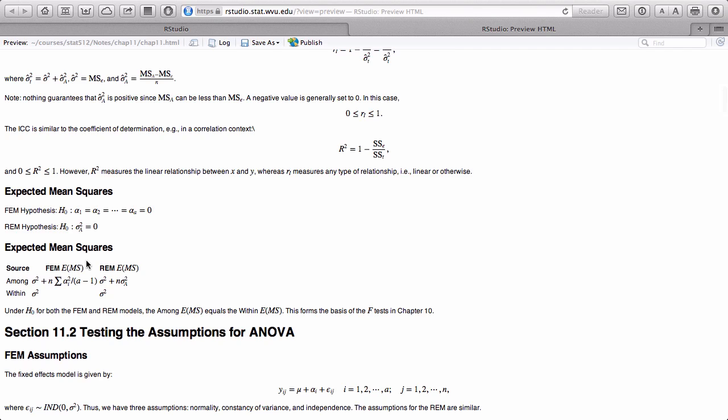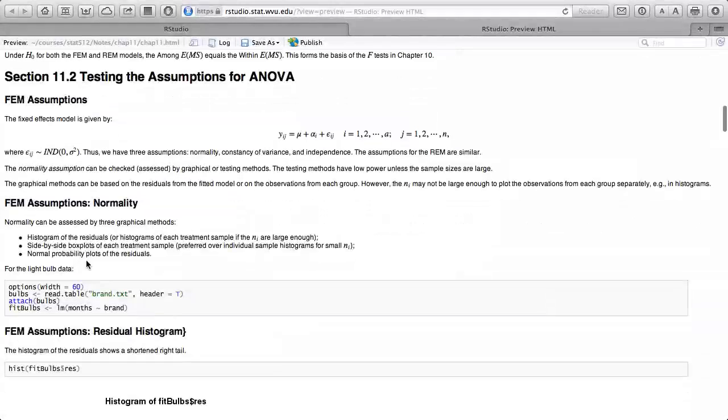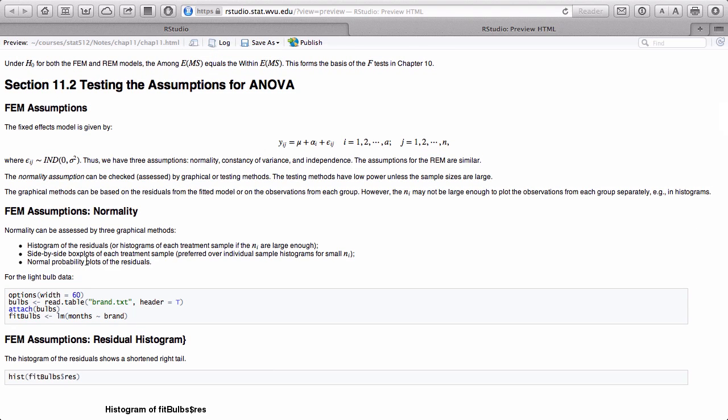And what I want you to understand, we often call the random effects models the variance components model. So a lot of times in genetics, you're trying to figure out what the variance components are, for example. One of the ideas that you have to start thinking about is, what are my sources of variability?